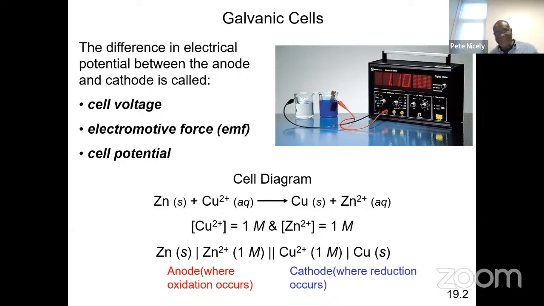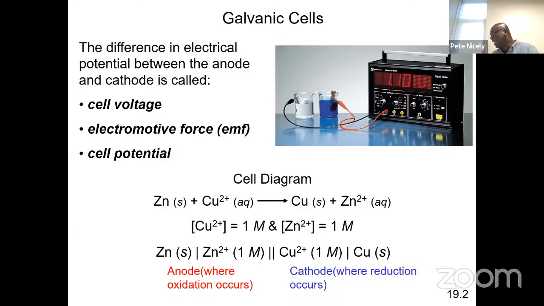Now, it would be nice if we could make a measurement of the absolute potential of 1 half cell. Unfortunately, we cannot do that because in order to measure the potential of 1 half cell, we have to hook it up to another half cell. And therefore, the only thing that we can really measure is the potential of 1 half cell in relation to the other.